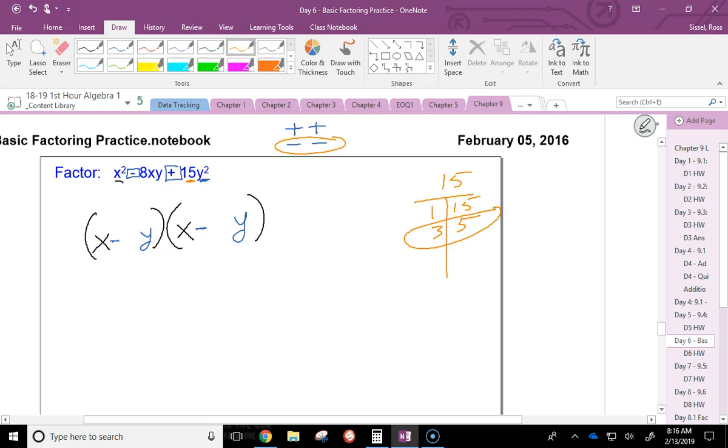Does it matter which order I put them in? No, because both my signs are negatives. If both my signs are positive, it didn't matter. If they're both negative, it doesn't matter. The only time it changes is if this one is a negative. So I would say negative 3 and negative 5.